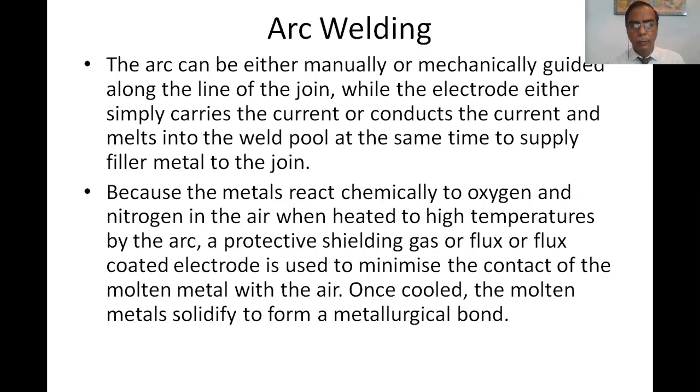Because the metal reacts chemically with oxygen and nitrogen in the air when heated to high temperatures by the arc, a protective shielding gas or flux-coated electrode is used to minimize the contact of the molten metal with the air. Once cooled, the molten metal solidifies to form a metallurgical bond.